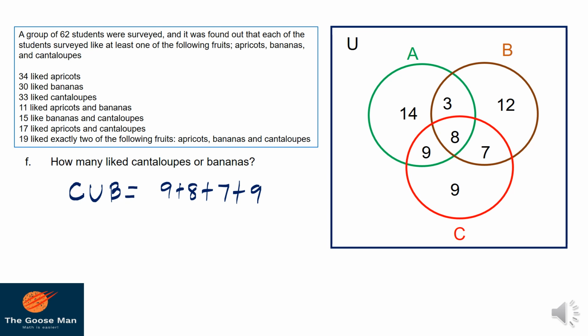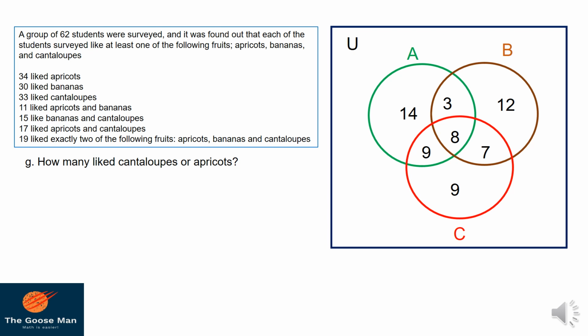However, we will combine also the elements of the bananas. We already have 8 and 7, so we will no longer write them. So we have 3 and 12, plus 3 plus 12. So the answer here is equal to 48.